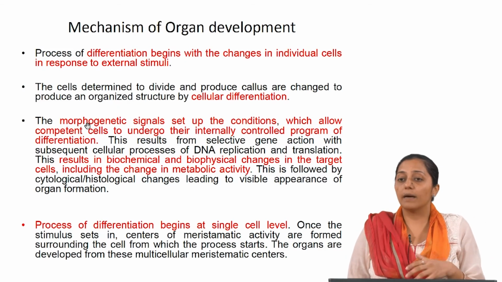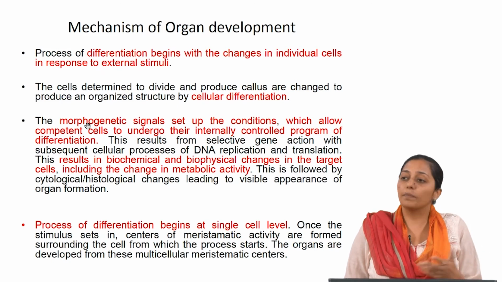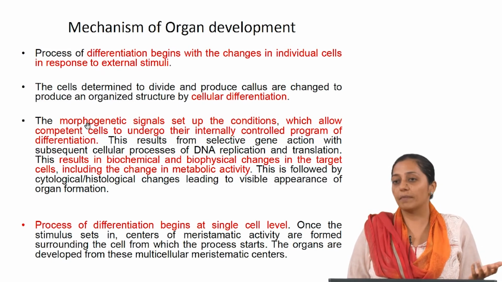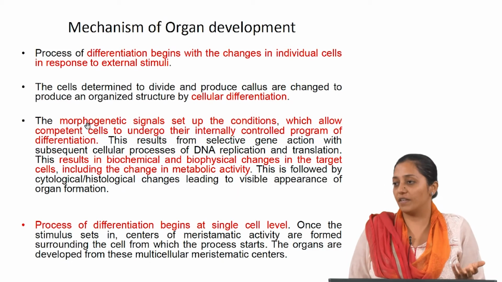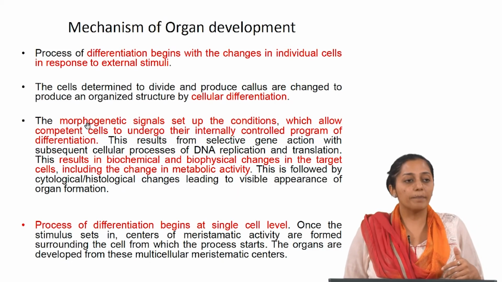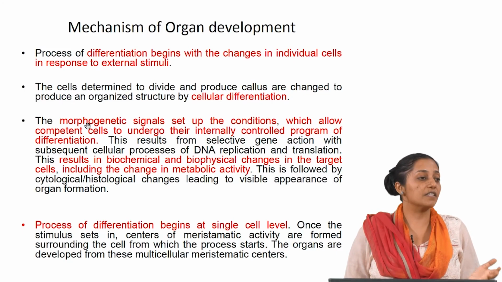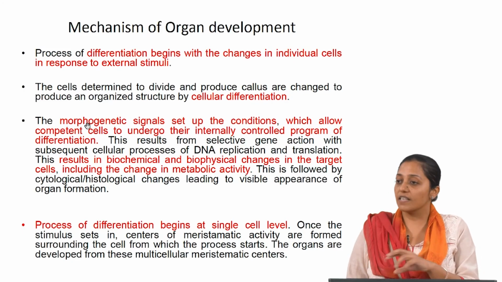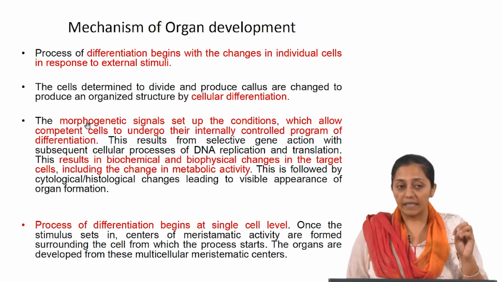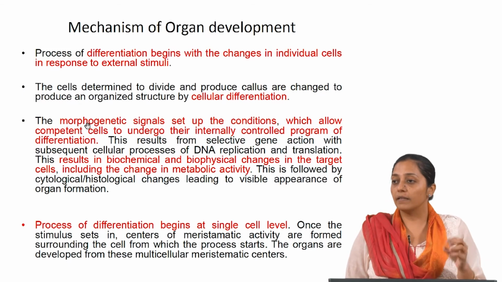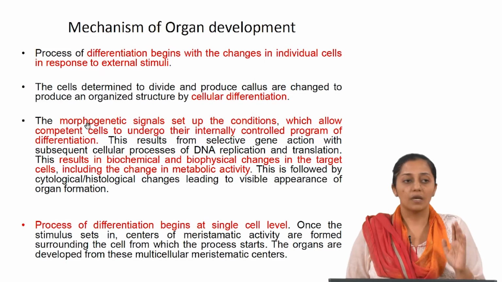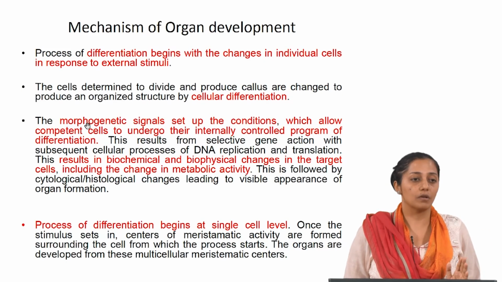The cells in that explant may not be competent for coming back to a meristematic state and then re-differentiating. It also depends on the environmental conditions you have given. So there are multiple factors responsible for successful regeneration, and even the genotype and the type of explant you have used play a crucial role.